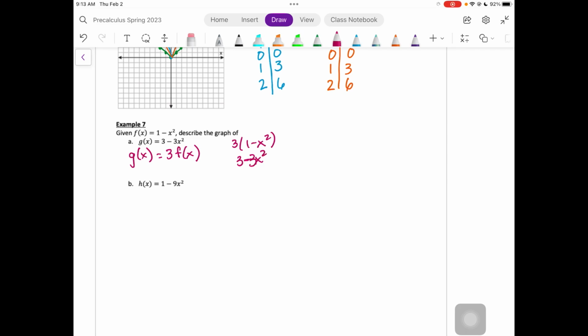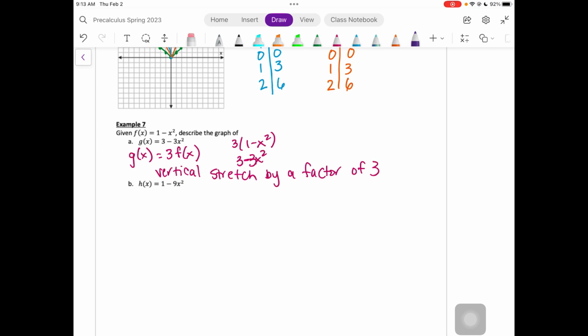And so this would be a vertical stretch by a factor of 3.